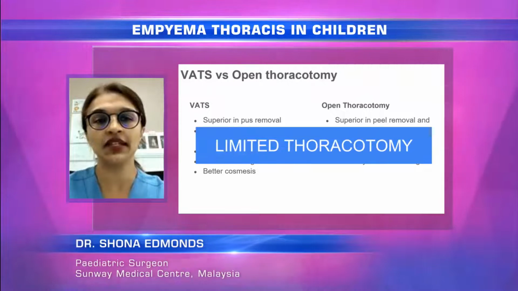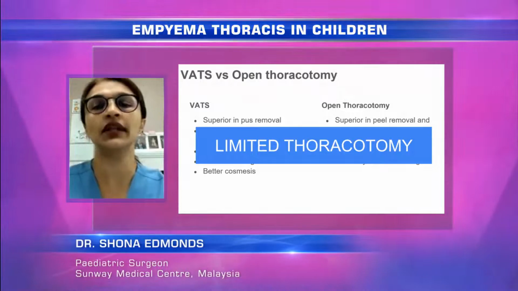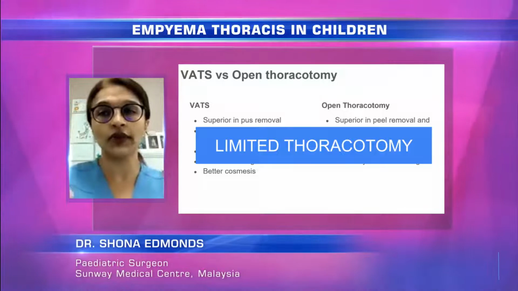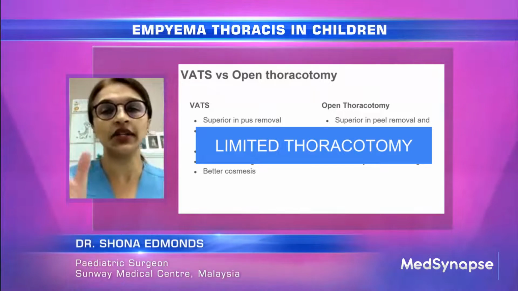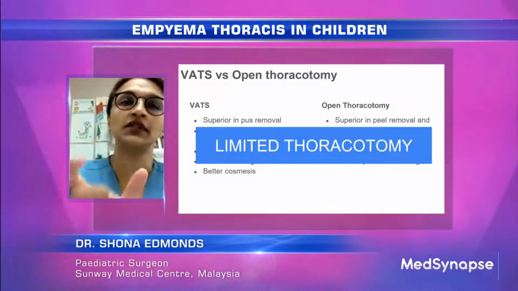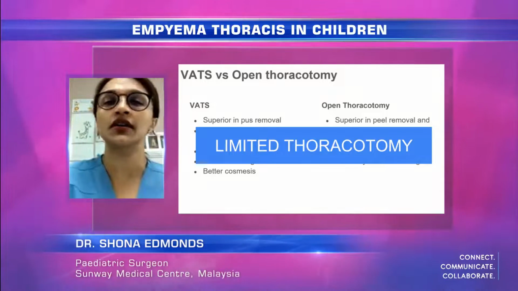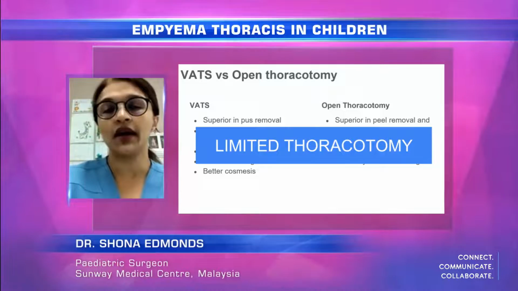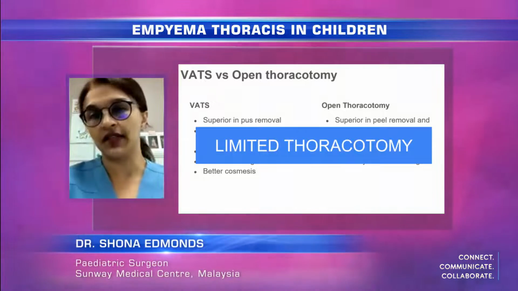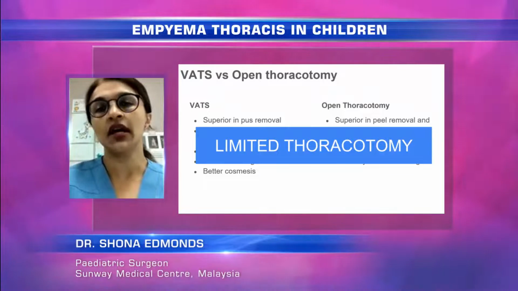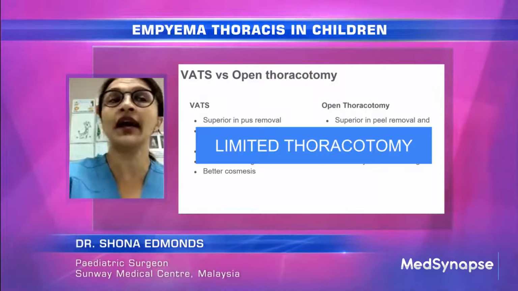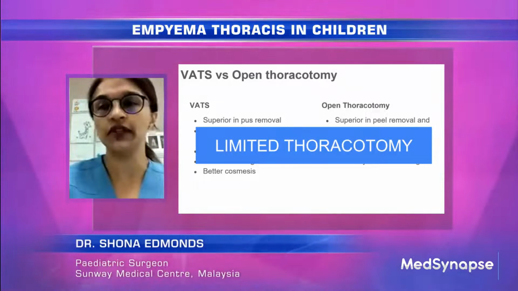And therefore, this team is actually recommending what we call a limited thoracotomy. So instead of a conventional large or long thoracotomy scar, this team has now managed to use a 3 to 4 centimeter thoracotomy wound in a small child. And I echo the same sentiments, because when I start with VATS in a patient and I find that I'm struggling, especially in a stage 3 empyema, I've already had a good visualization of the field internally.